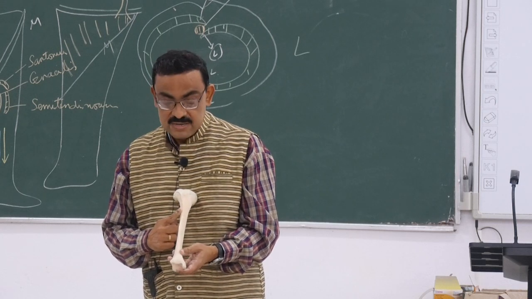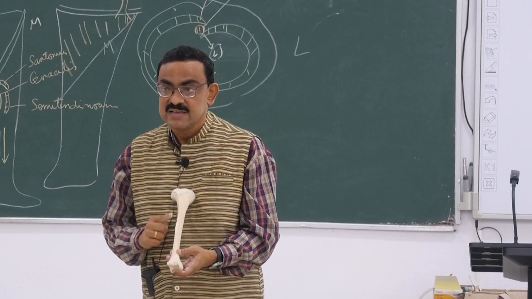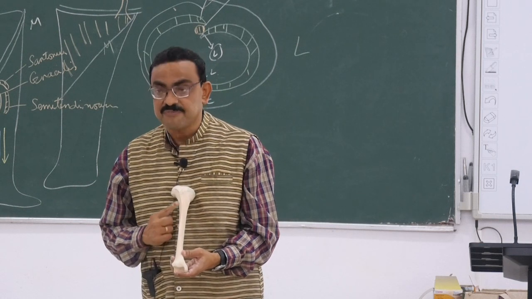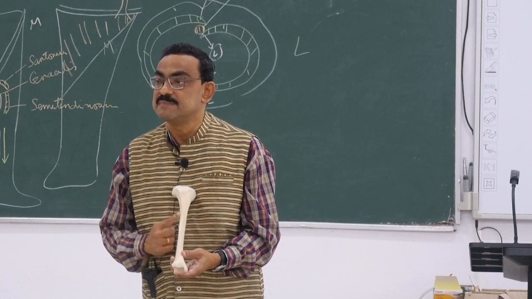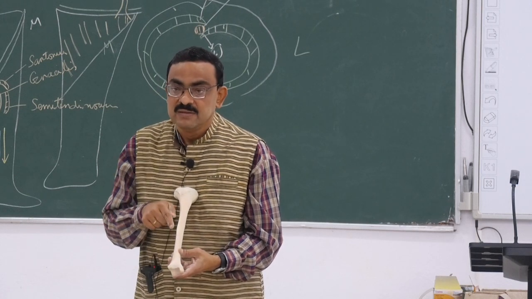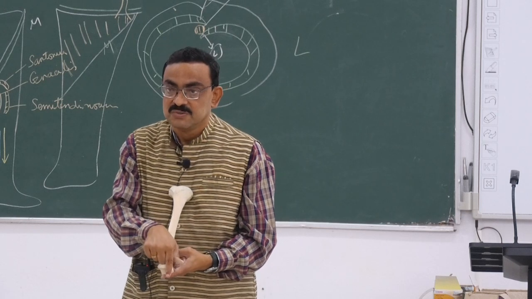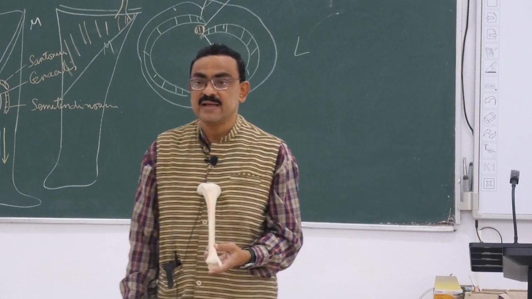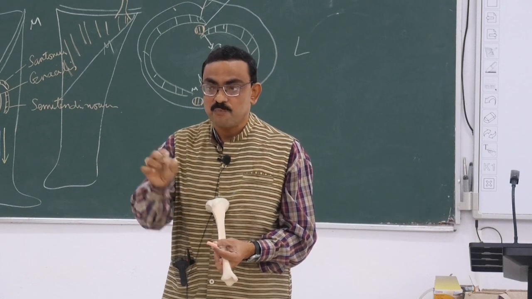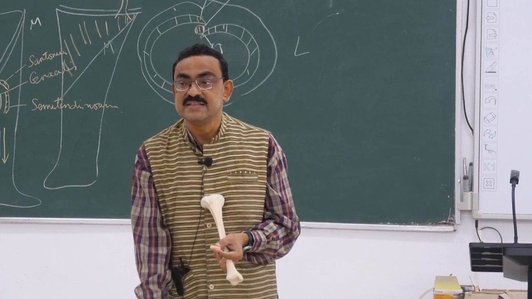This is called tibialis anterior, which means it is present in front of the tibia. So this is the area from where the tibialis anterior muscle takes origin, and it goes down. In the lower end, it is in front. We can find in our leg, if we flex it, one tendon in front. Okay, that is tibialis anterior.